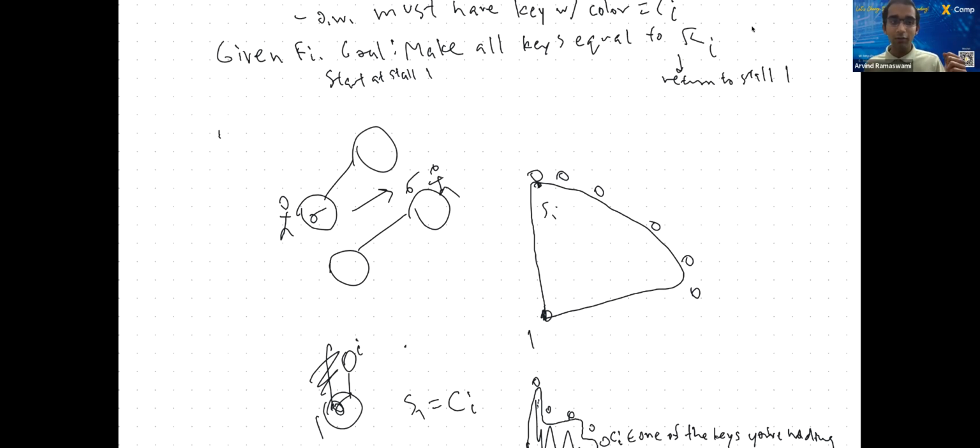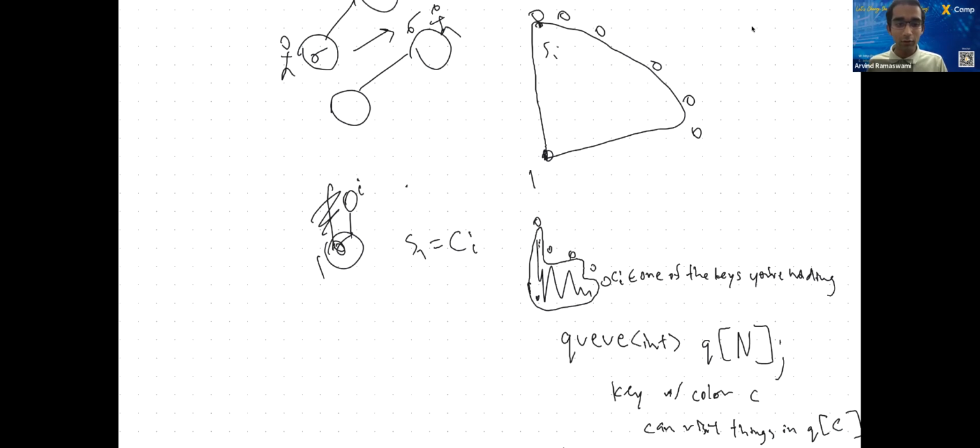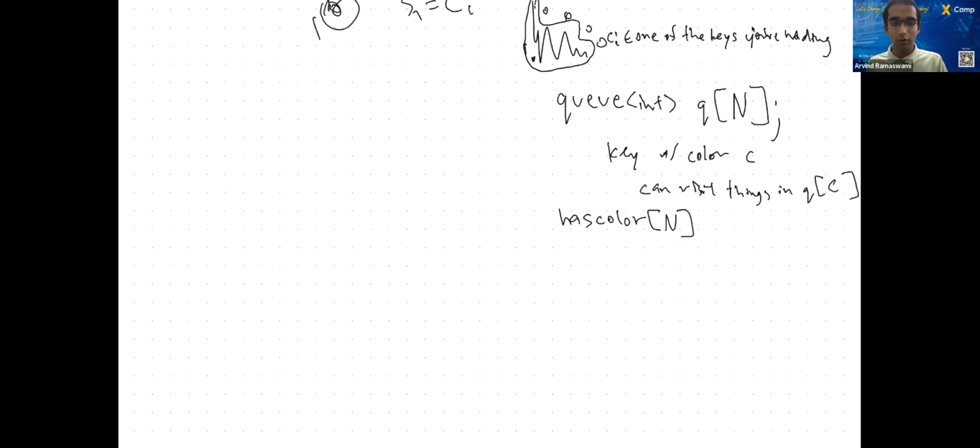And then the second part of the problem is to try to drop the keys at places corresponding to F_i. Step 2, drop the keys. One key observation is that this problem becomes much simpler if you go backwards.